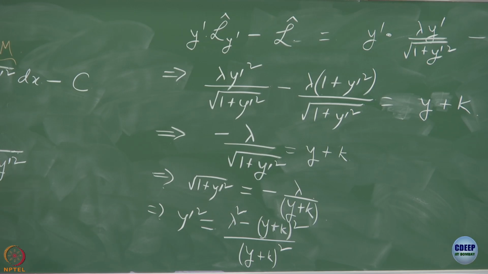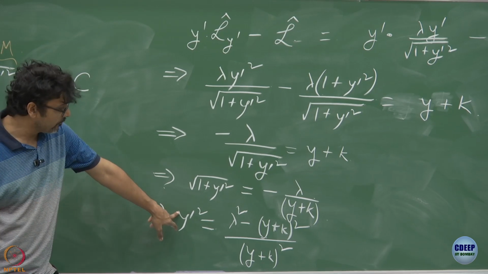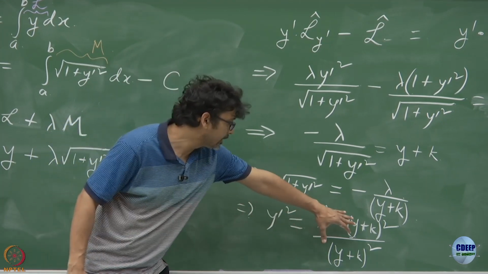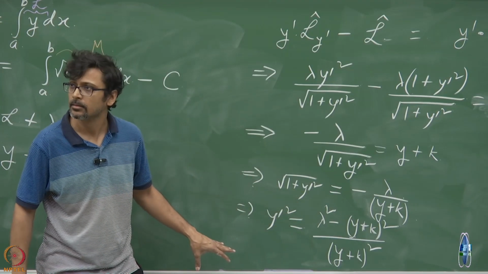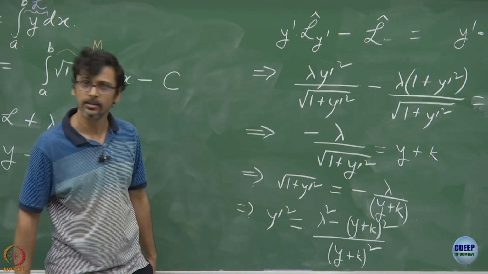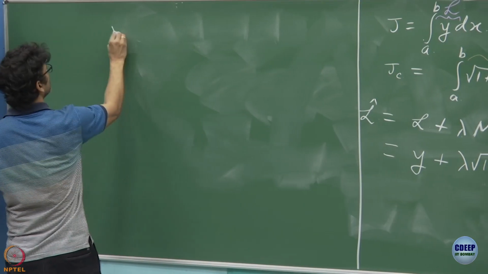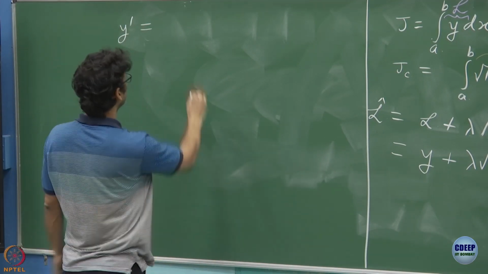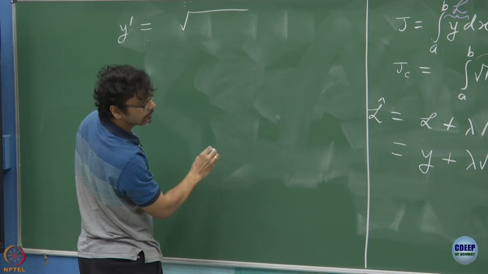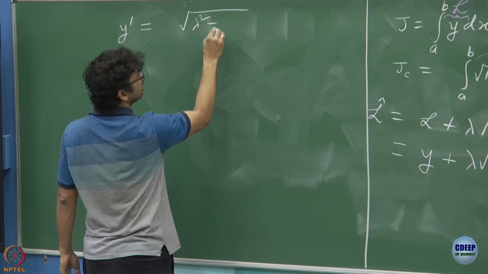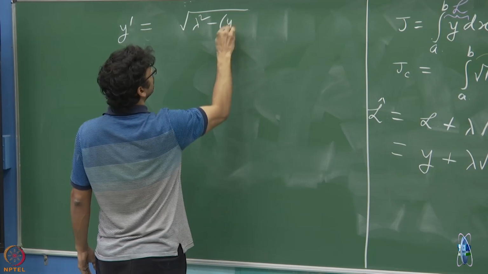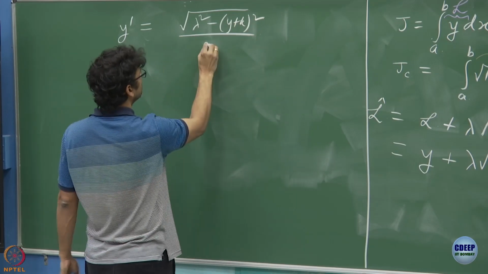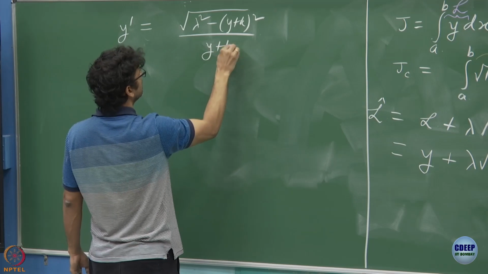right? So what happens? This is now about time we got this in its proper form, which is dy dx. So all y related terms you get on one side and the x related term you get on the other side. So what happens then? Y prime is equal to square root of lambda squared minus y plus k whole squared upon y plus k.